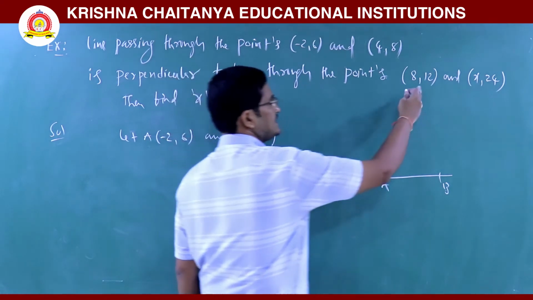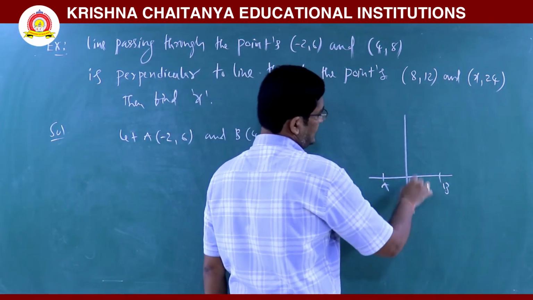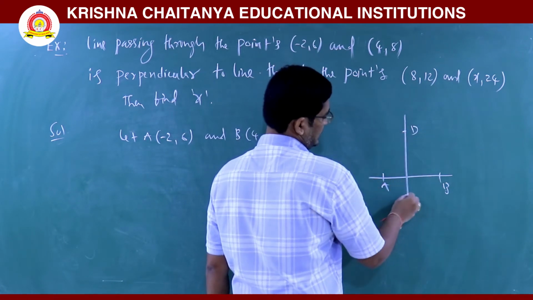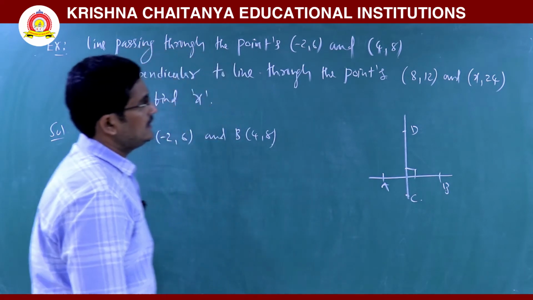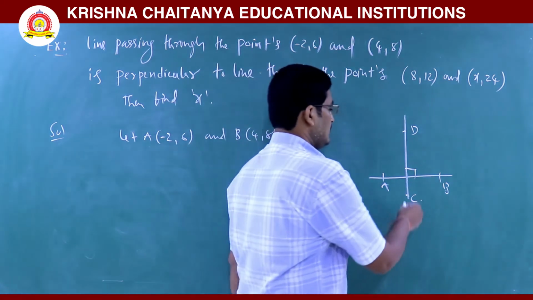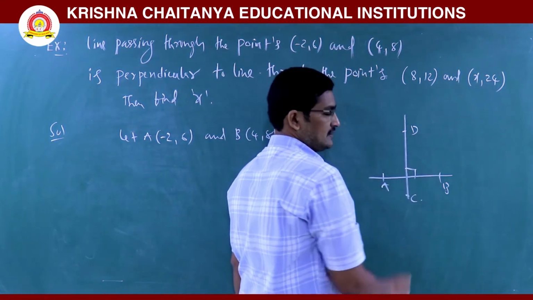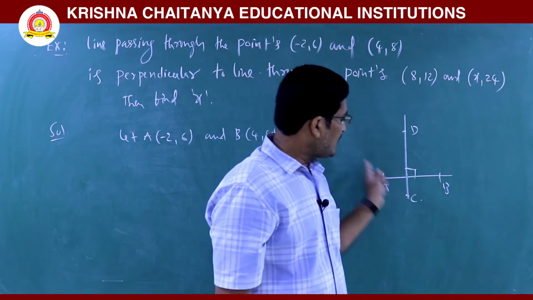I am taking this one as C, this one as D. So the line joining A and B is perpendicular to the line joining C and D. Then what is the unknown x there? That is the question.